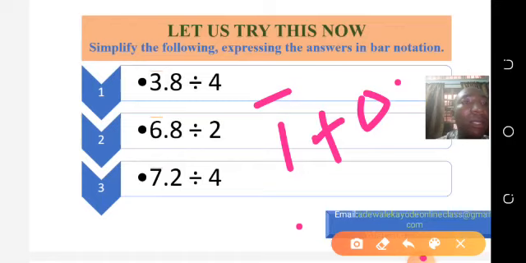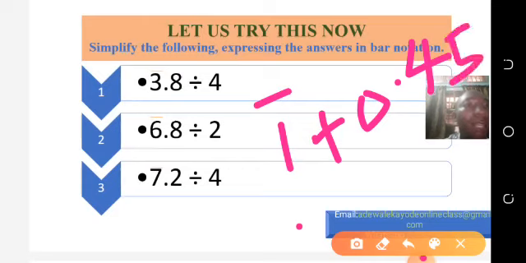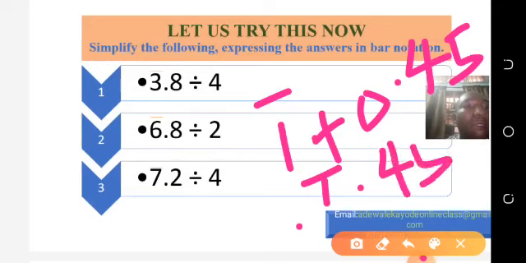That is 4. And what? 5. Let's add the two together. We have bar 1.45. Good. So that means bar 3.8 divided by 4 will give us bar 1.45. Is that what you get?